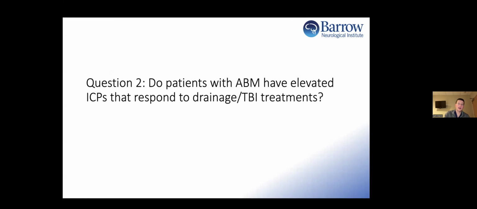So my next question was, in patients with acute bacterial meningitis that have elevated ICPs, do they respond to drainage and other treatments like hyperosmolar therapy that are the cornerstone of traumatic brain injury treatment?